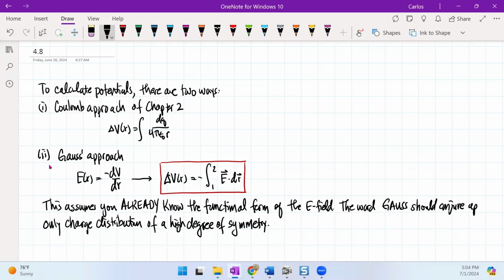That means that we limit ourselves to spheres, cylinders, and planes, just like we did with Gauss's law.